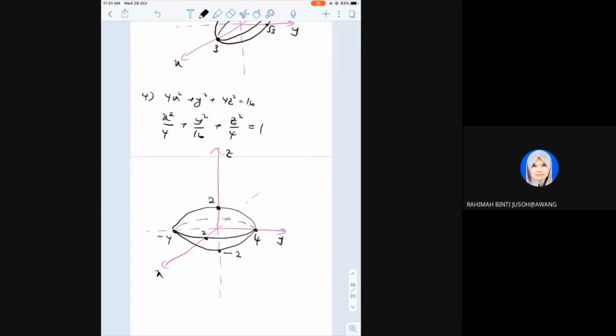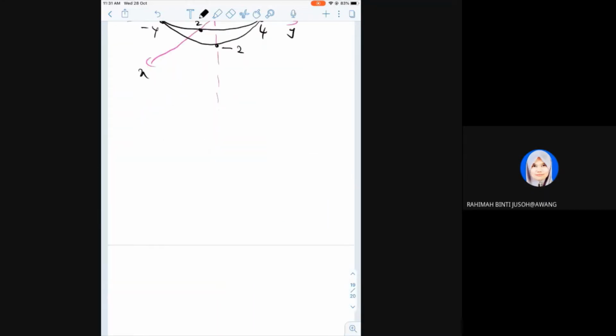Okay. The last one. Last bentuk apa? Oh, bentuk cone. Okay. Number 5. We have cone. I'll give you examples. On cone, sketch the following surfaces.